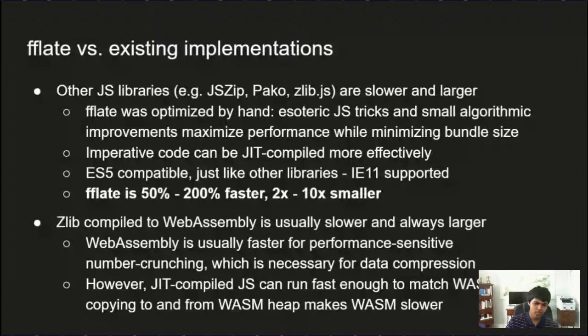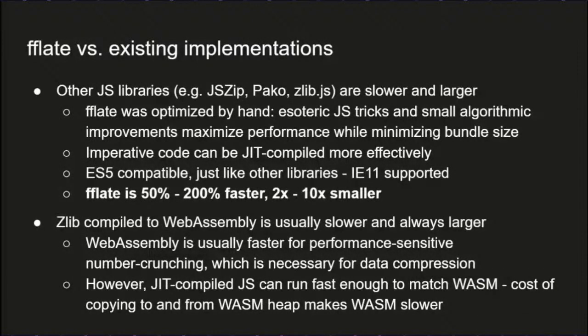So for one thing, fflate was actually optimized by hand. It's written in TypeScript, but it uses a bunch of interesting JavaScript quirks, that's how I'll put it, and some minor algorithmic improvements that are able to maximize performance while reducing the bundle size. For example, you can actually add a Boolean to a number, or subtract a Boolean from a number, and it'll effectively just treat it as a 0 or a 1 automatically without having to cast.